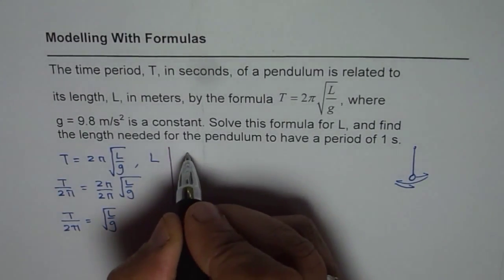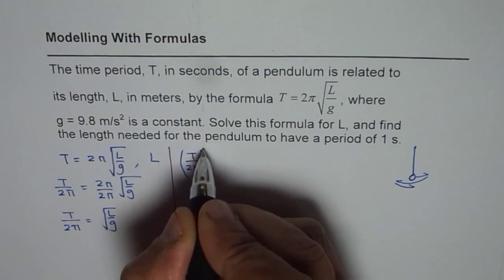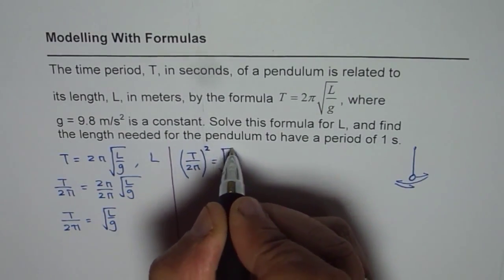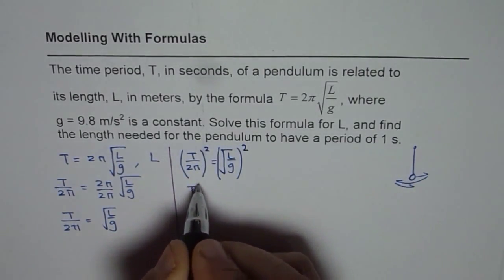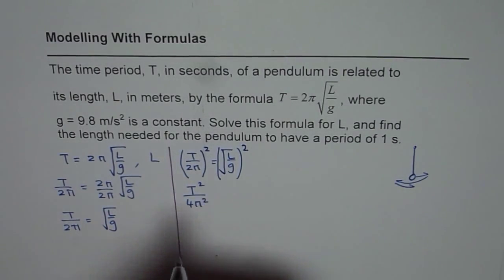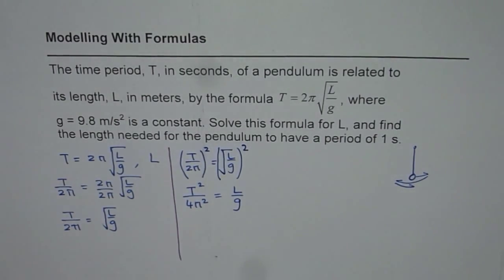So if I square, I get T over 2 pi whole squared equals square root of L over G whole squared. So here we get T squared divided by 4 pi squared equals L over G.